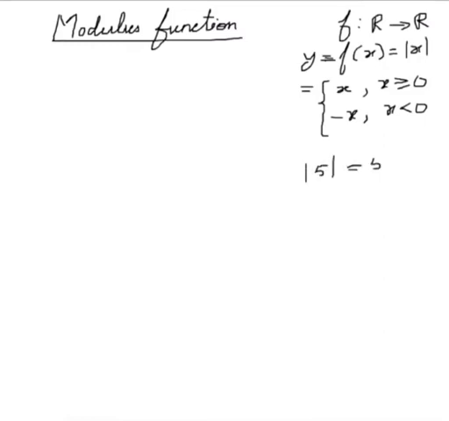Absolute value of 5 is 5. If it is positive, the number is the same. If it is a negative value, it is minus of minus 5, which becomes plus 5. So the answers are always positive. Let's draw the table for this function.